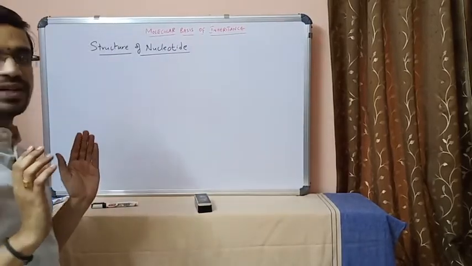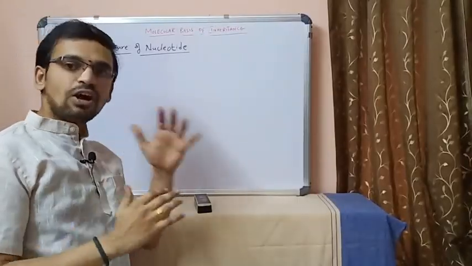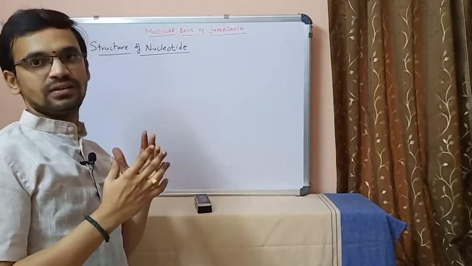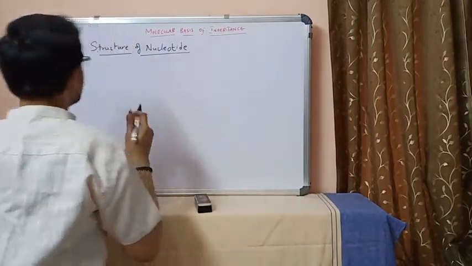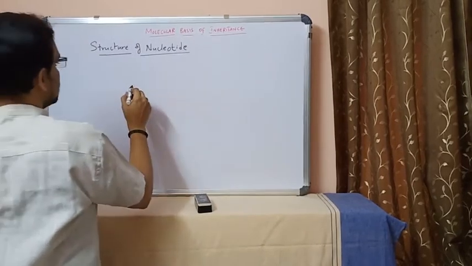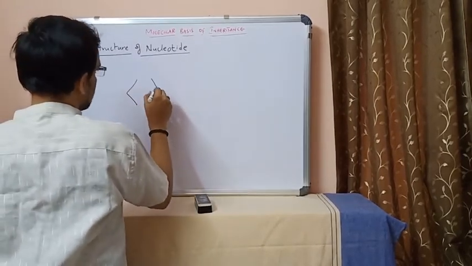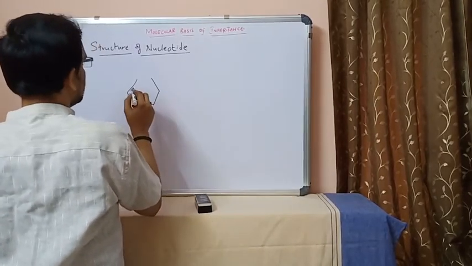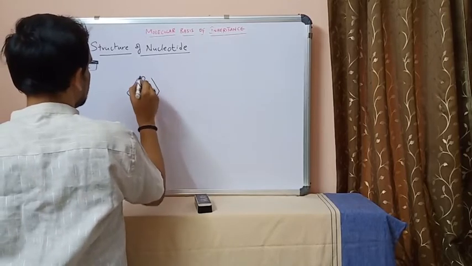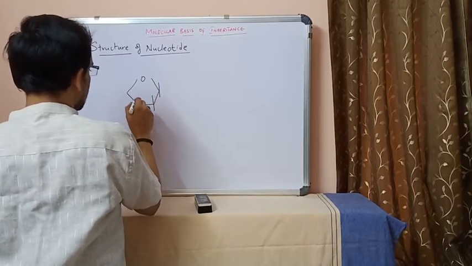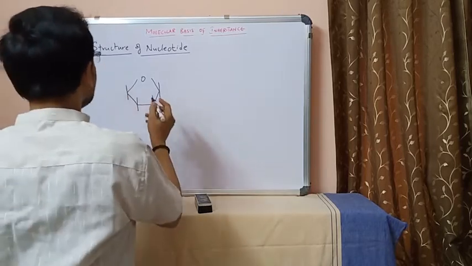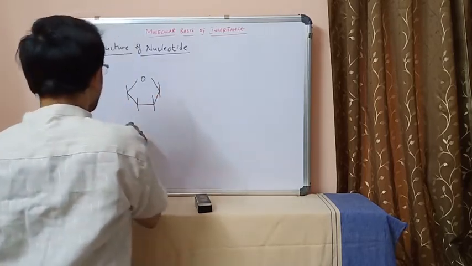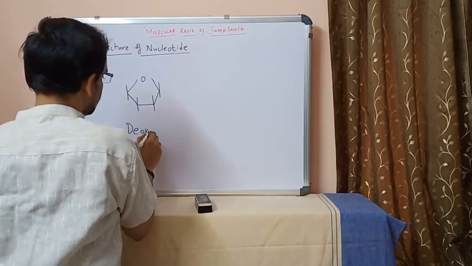Now we are going to discuss how these three components are interlinked in the nucleotide. So first we are going to discuss the structure of deoxyribonucleotide.